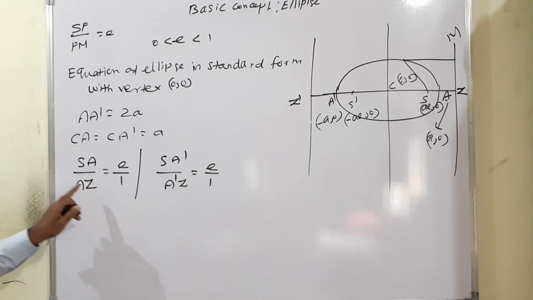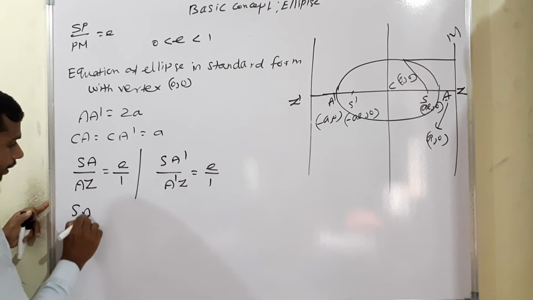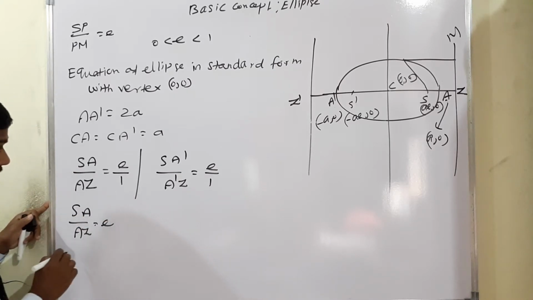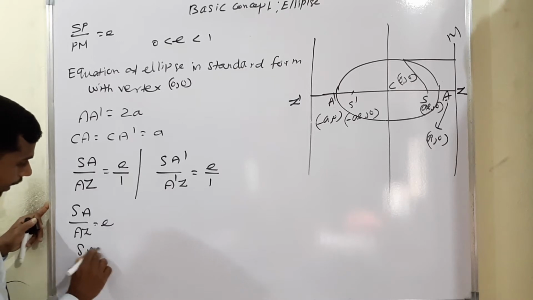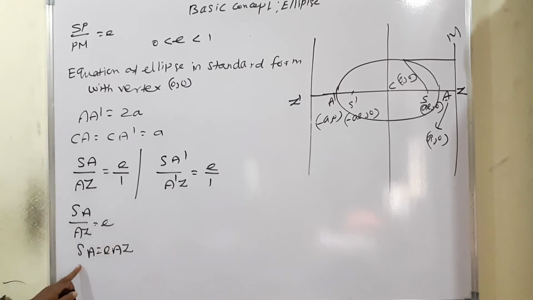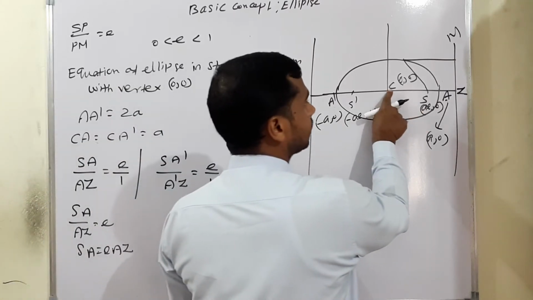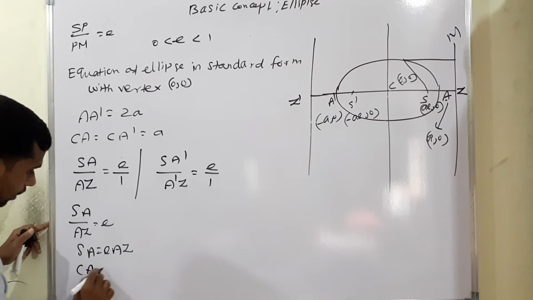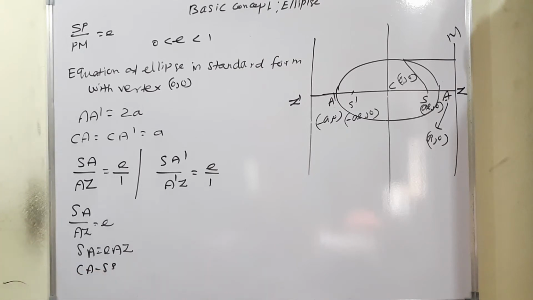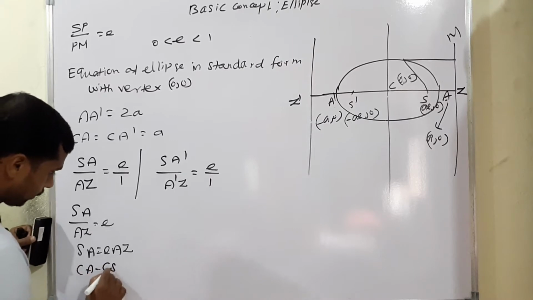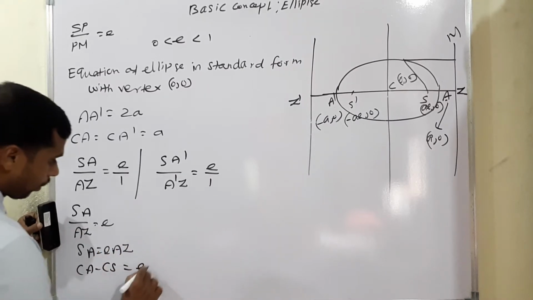If you do the first condition, SA divided by AZ is equal to e, cross multiply, what will happen? SA is equal to e into AZ. Therefore, SA means CA minus CS, isn't it? So CA minus CS is equal to e common outside.